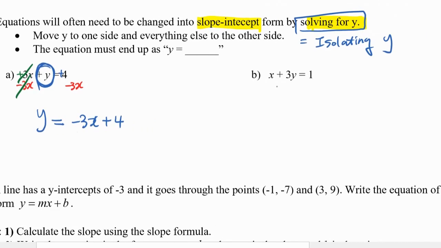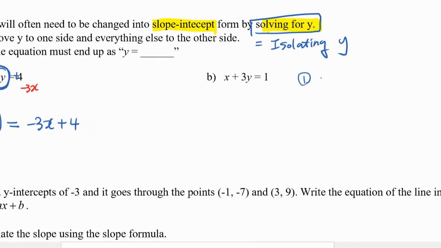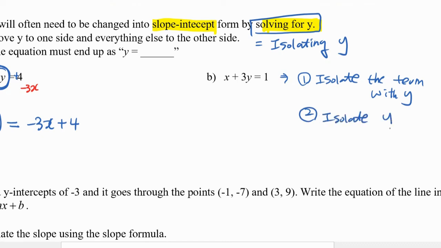Next, we have x plus 3y equals 1. We want to isolate y. To isolate y, there are 2 steps: you're going to isolate the term with y, and then isolate y.